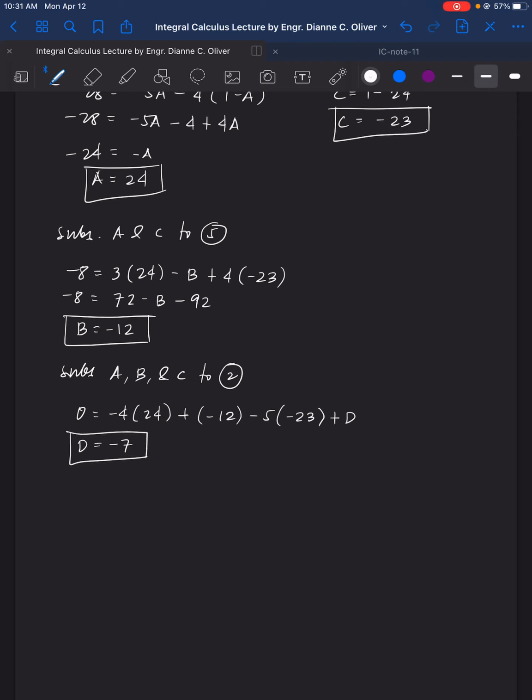So finally, we have the values for a, b, c, and d. We need to rewrite.